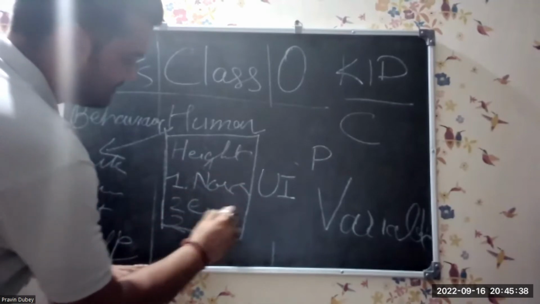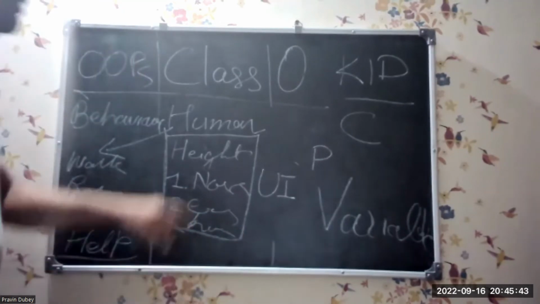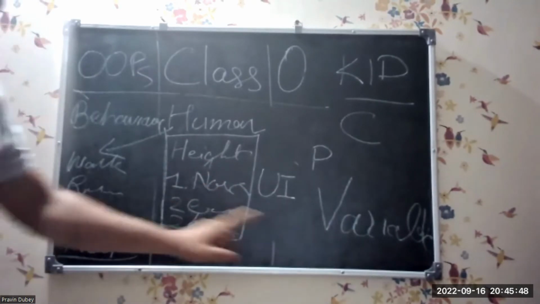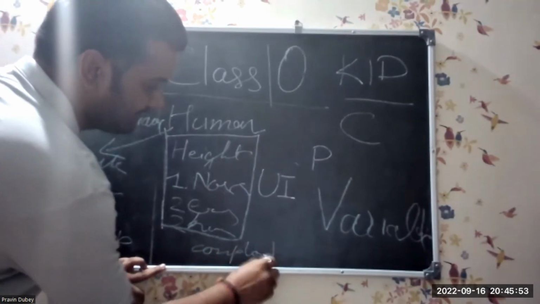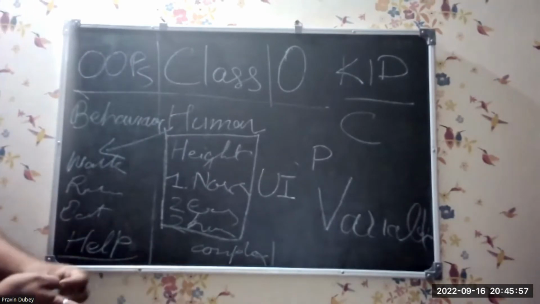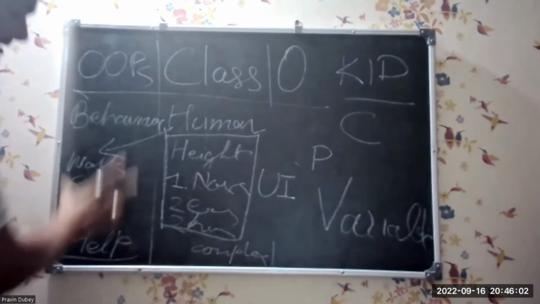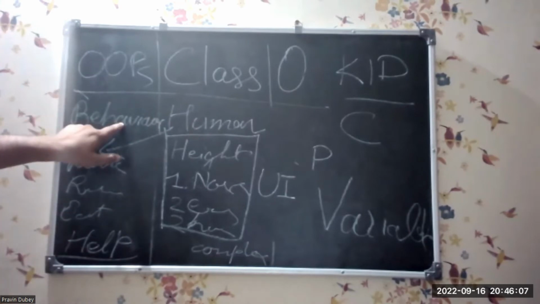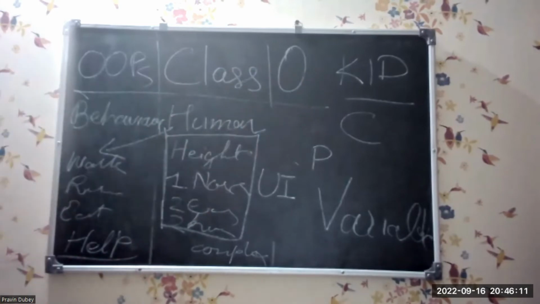Okay, this was ear. And this was, I forgot, let's say hands. Okay, so I can store height in a variable, nose in a variable, ear in a variable. Let's say complexion of a person also in a variable, brown, white, black, whatever, right? So this can also be a variable. But these are the common attributes of all humans. This is behavior.